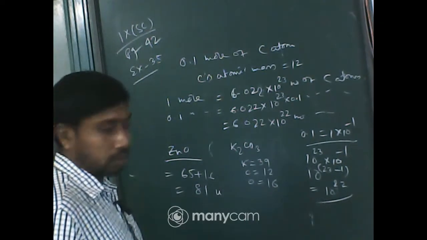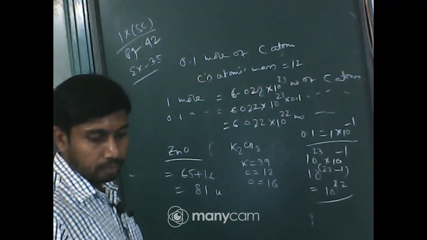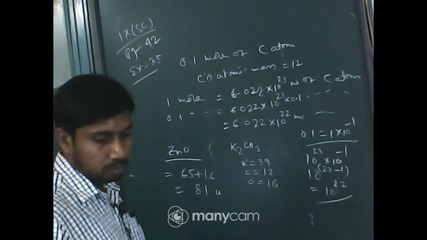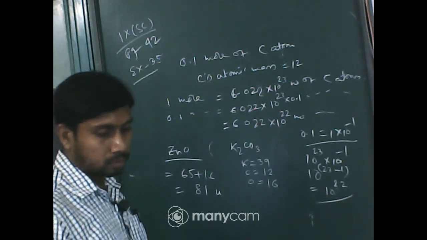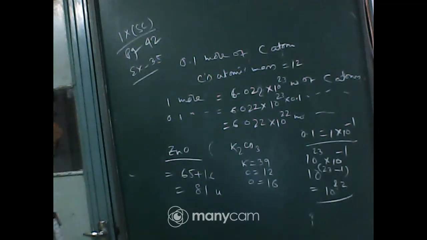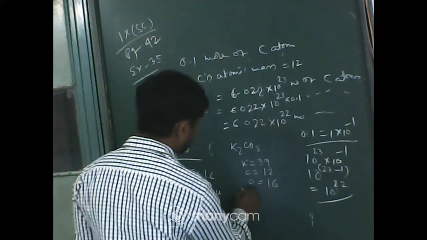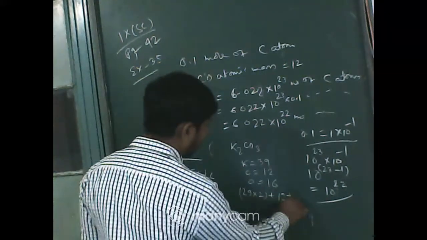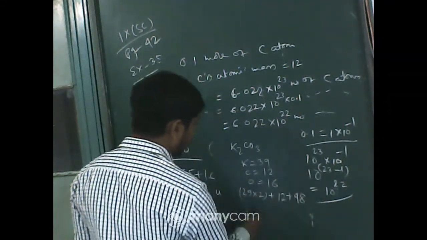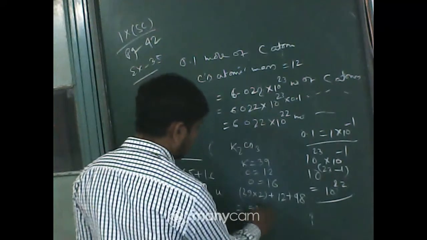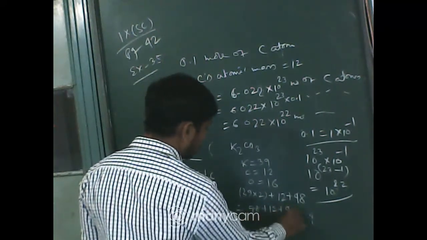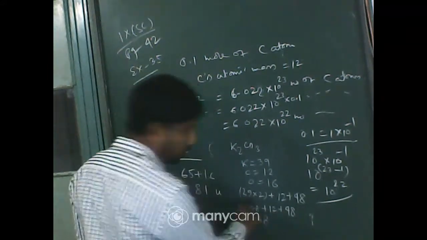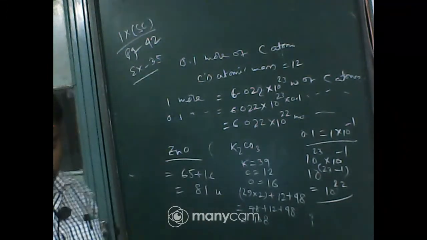Now calculate it. 138. Okay, so 39 into 2, that is 78, plus 12 plus 16 into 3, that is 48. 78 plus 12, that is 90, plus 48, yes, 138, correct.